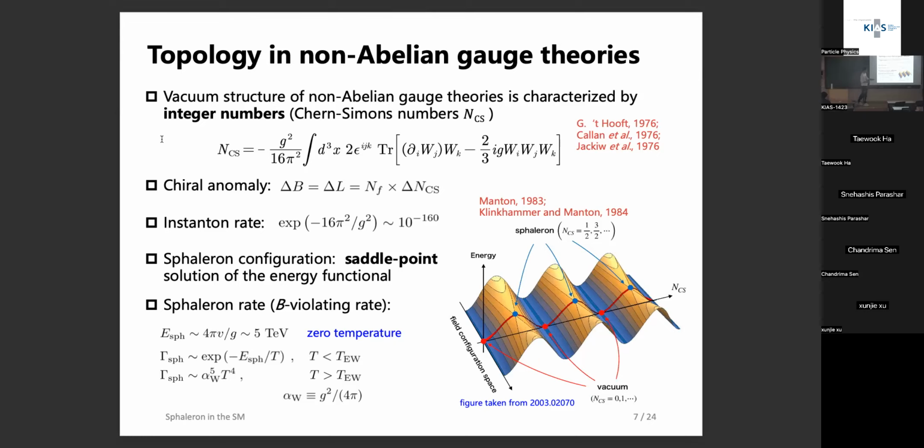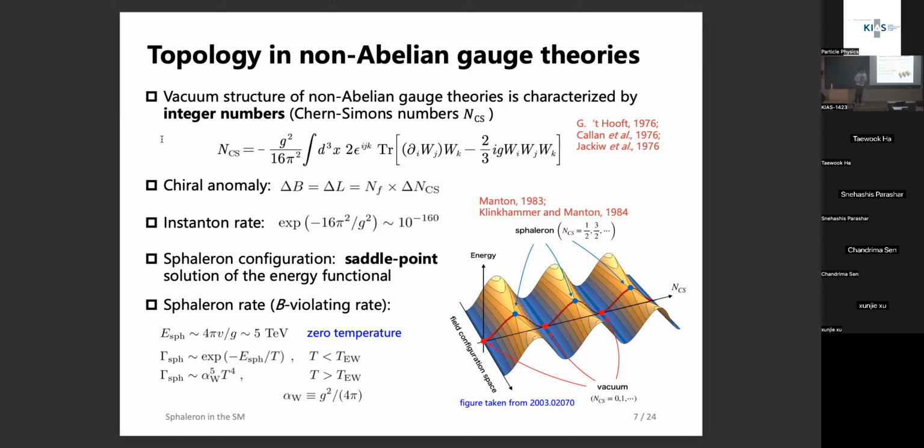So this is a naive picture of the field configuration in the non-abelian gauge theory: the field configuration depends on the energy and the Chern-Simons numbers. You can see here that for these deepest points, they have the same energy, but are characterized by different Chern-Simons numbers because they are topologically different.